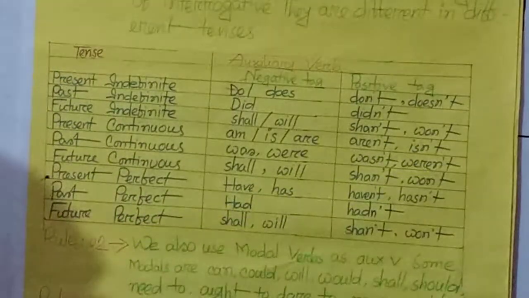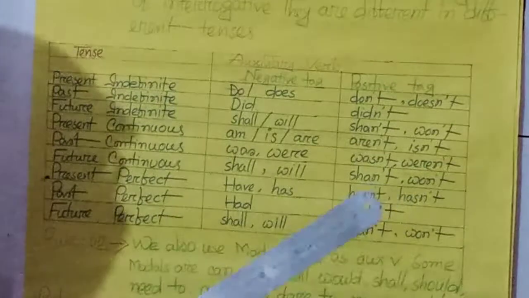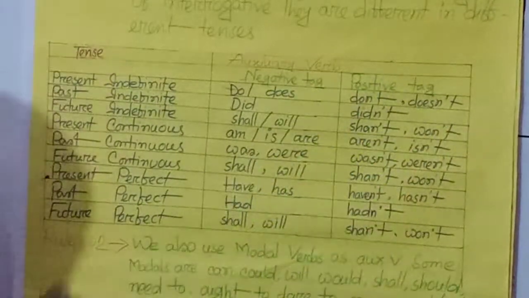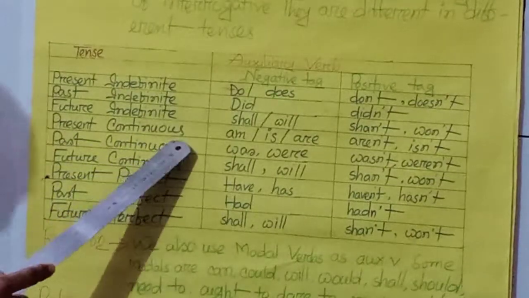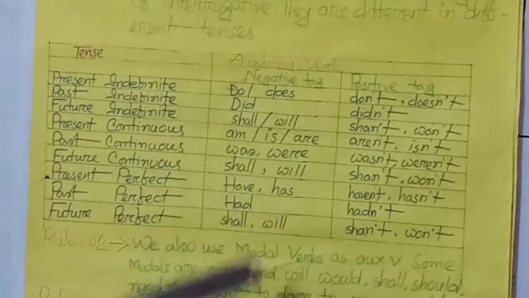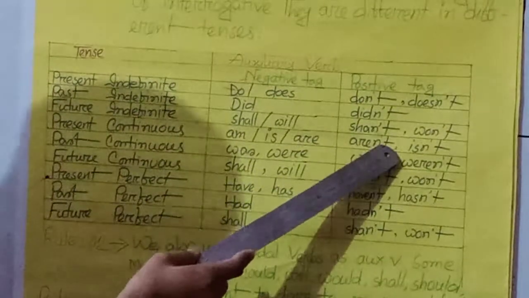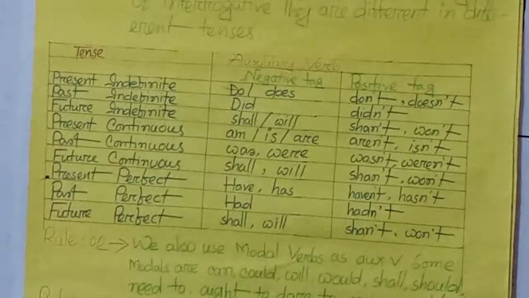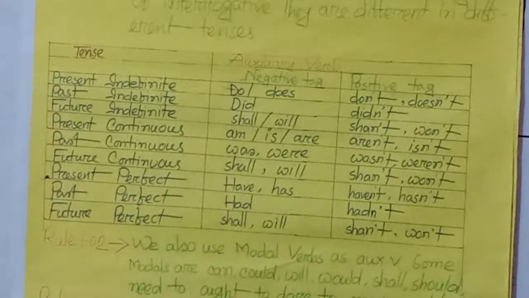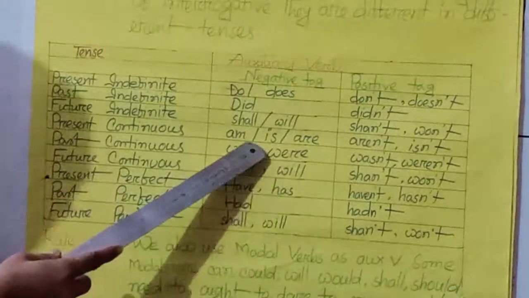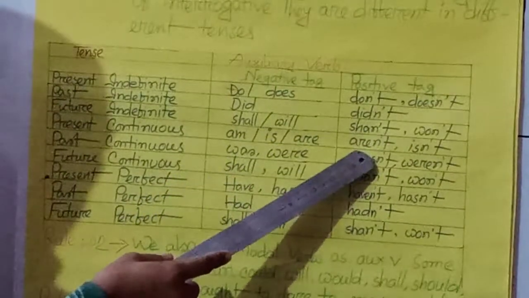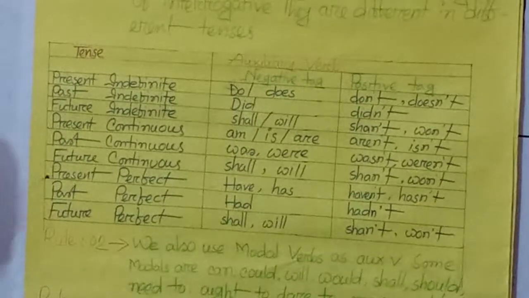Not shall not, not will not; we only use shan't or won't. Then present continuous: am, is or are, then aren't, isn't. If the sentence has am, we do not use amn't. We only use aren't. Okay?